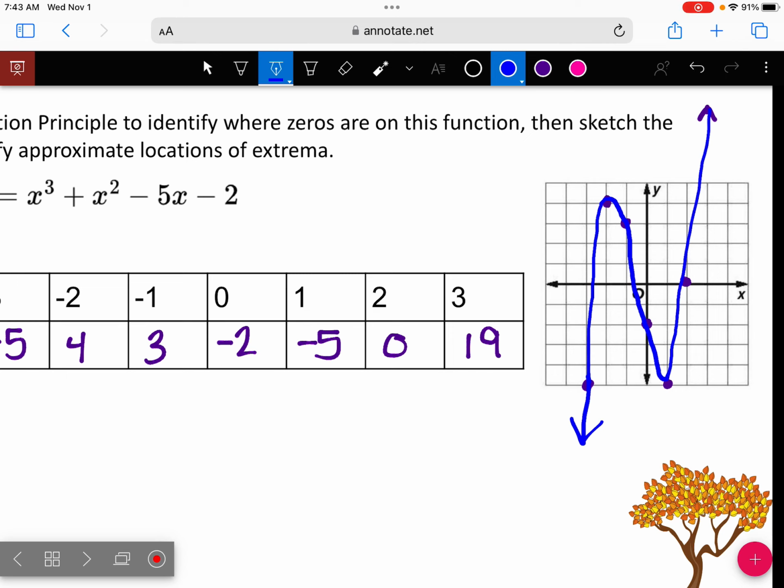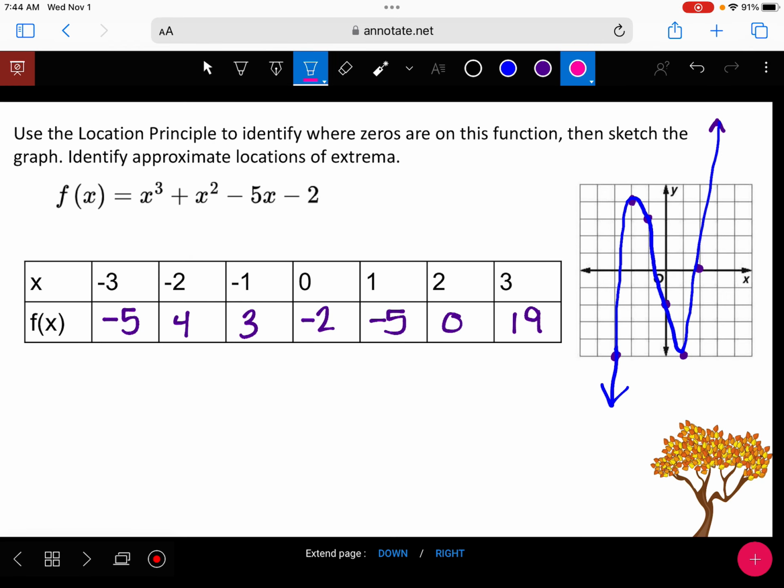And what we're going to do is identify our zeros and our extrema. So our zeros are the ones we've done before. Zeros are where it crosses our x-axis. Where do we have zeros? Or roots or solutions or x-intercepts?